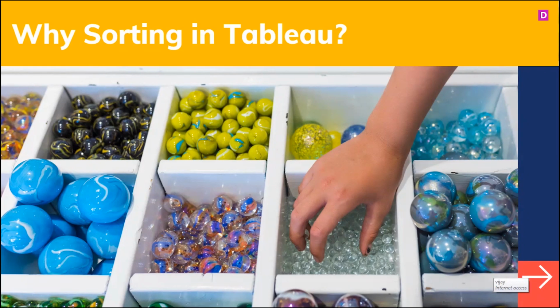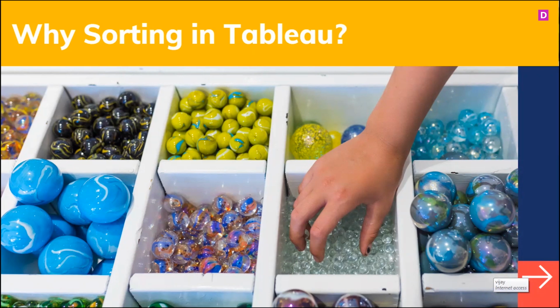As I mentioned, sorting is one of the very important features when it comes to analyzing the data. It's not only in terms of Tableau or anything. It is not something specific to any kind of software. Rather, sorting as a technique itself is very beneficial in terms of analyzing the data.